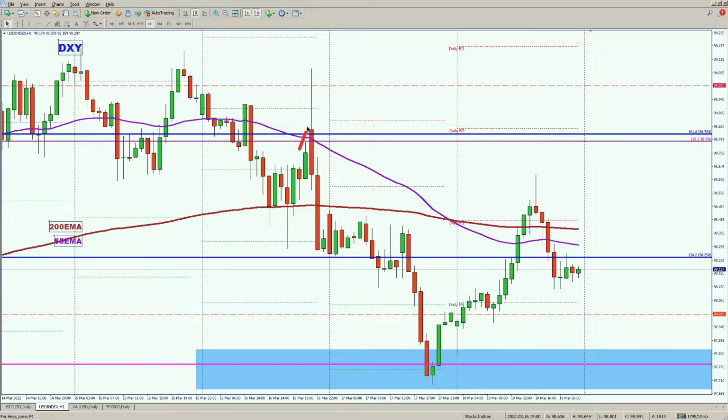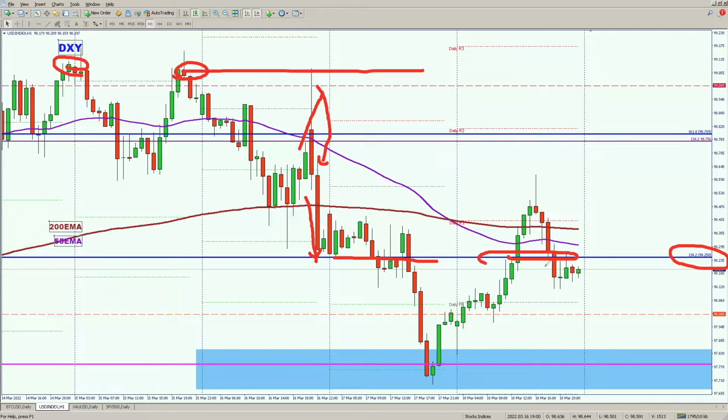So initially it did climb up higher as it was positive for the US dollar, but after hitting these resistance levels, it was promptly rejected and continued lower into the 138 fib extension here, and then continued lower the next day on Thursday before climbing back up slightly on Friday.